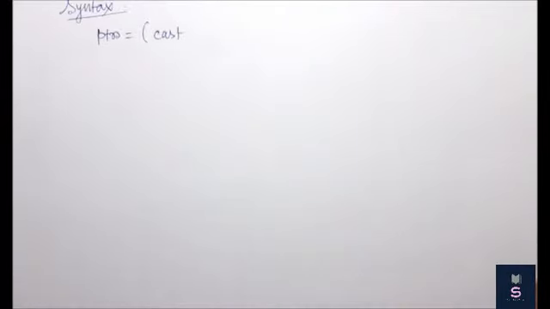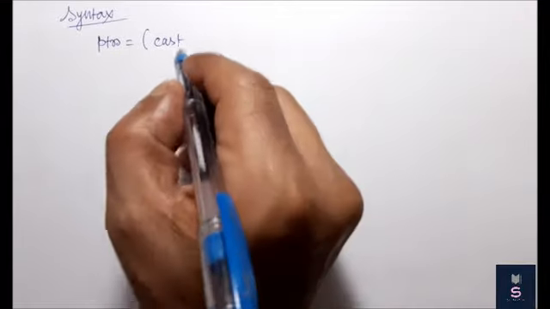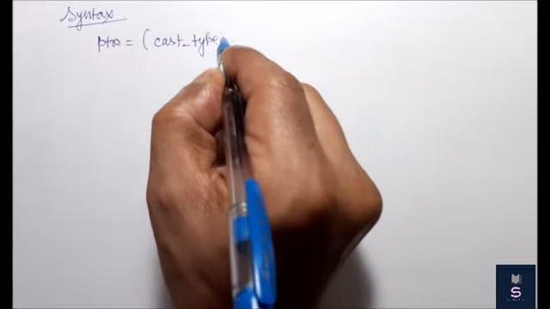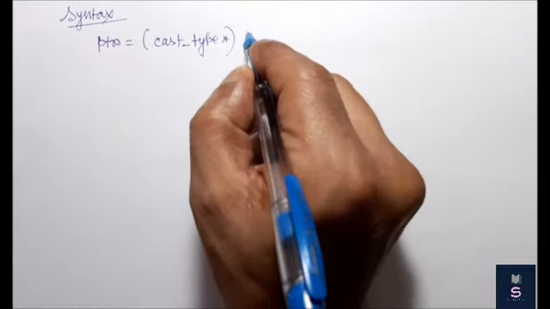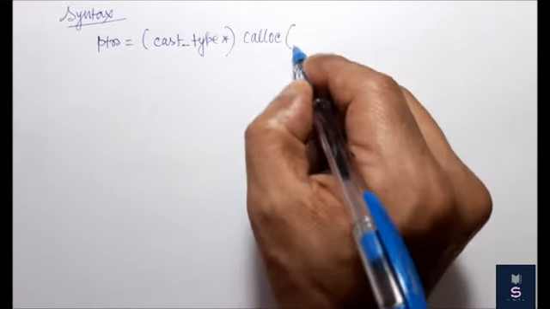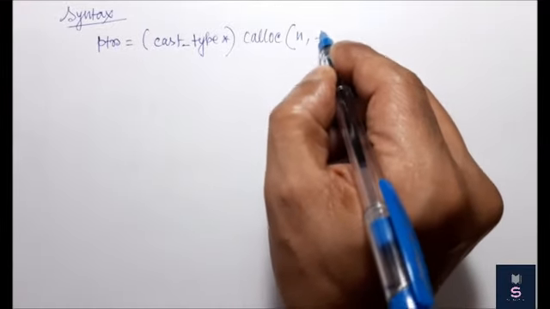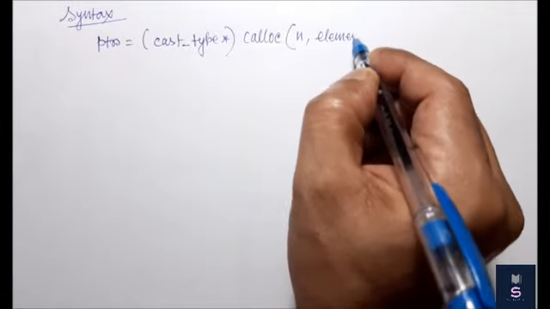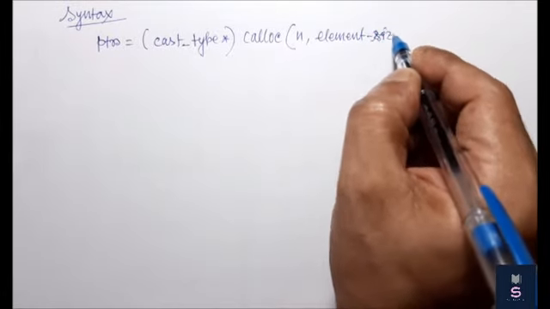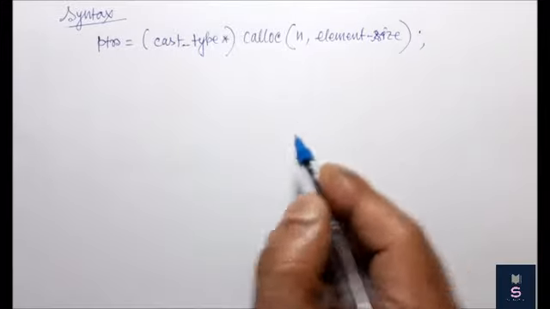We need to write the cast type, then calloc, then n, then element size. This is the syntax.